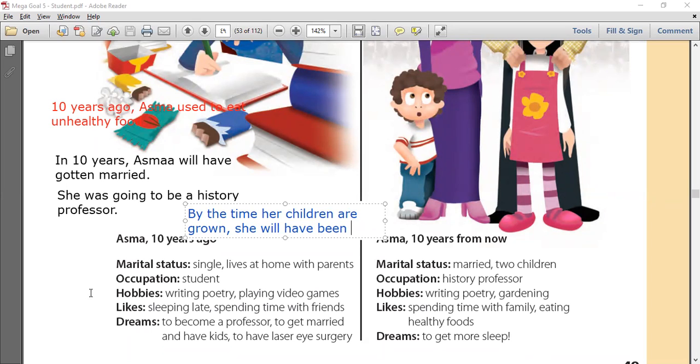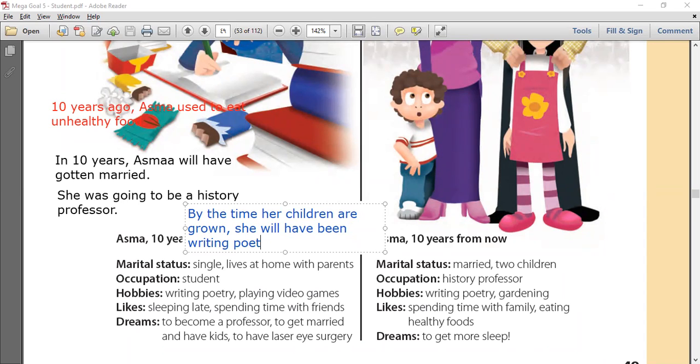What? There is something that she has been doing from 10 years ago until now, and also she's going to do this thing 10 years from now, which is one of her hobbies. Writing poetry? Yes, excellent. Writing poetry.